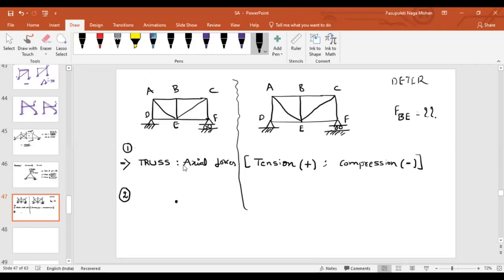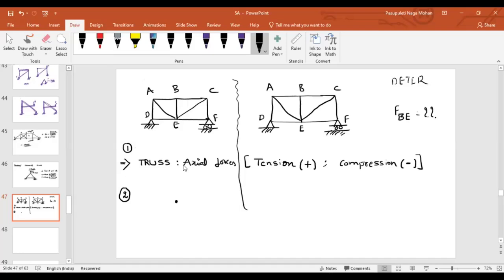That is what we do all the time. Generally, even in your textbooks or regular courses, we follow that. Initially, we will assume that the members are in tension. And if you get an opposite sign, then you can say that my assumed direction is wrong. Then you will change the direction.